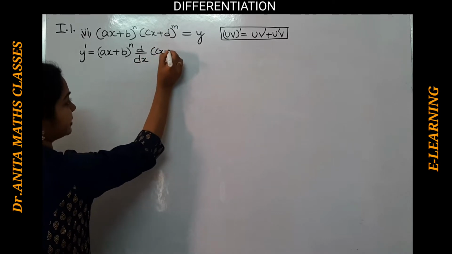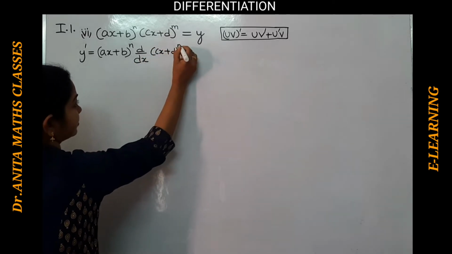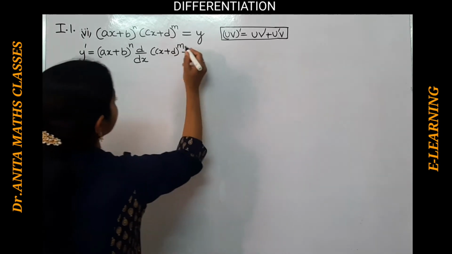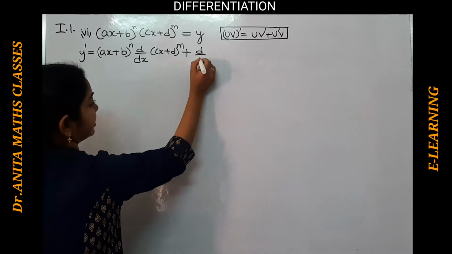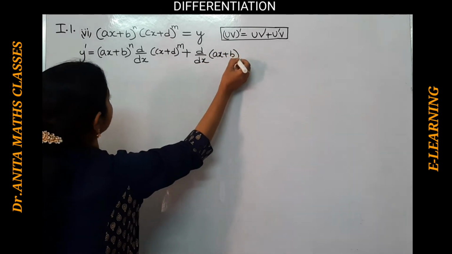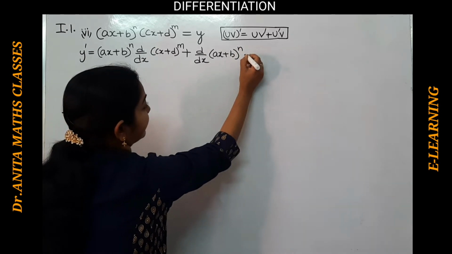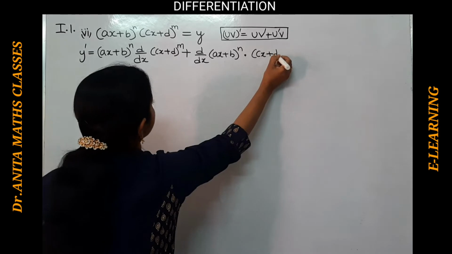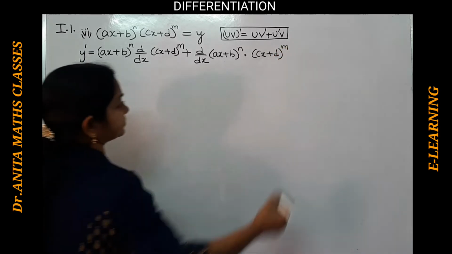So (cx plus d) whole to the power of m, plus, now u dash, so the first function derivative, (ax plus b) to the power of n multiplied by the second function as it is, (cx plus d) whole to the power of m.